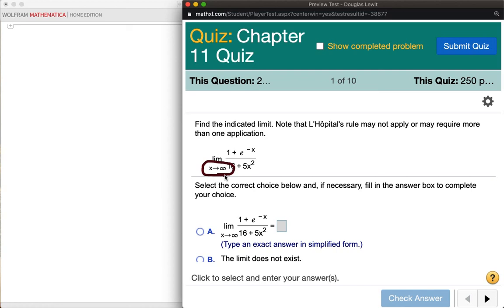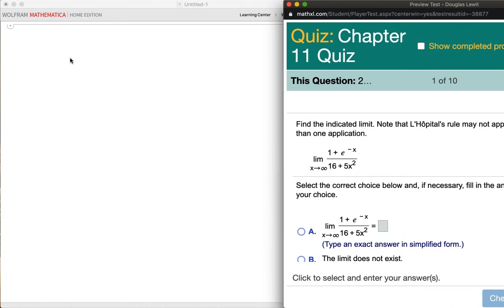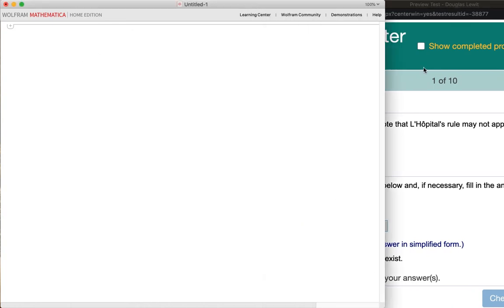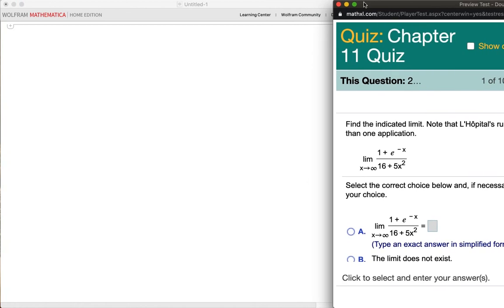So here, I might argue that L'Hopital's rule is not the best way to solve this problem anyway. What I would recommend doing is just using Mathematica's built-in limit function, which will make the problem so much easier.